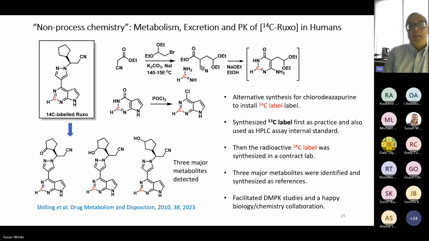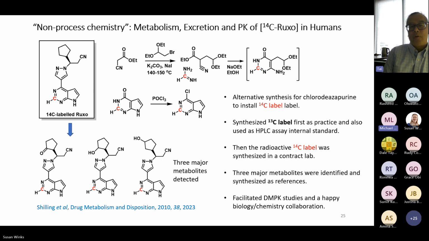So, this is a non-process work where we do C14 label with a totally different design of the chemistry. And also, when the label is made and used in human, how these labeled molecules can help us to track metabolites as shown here.